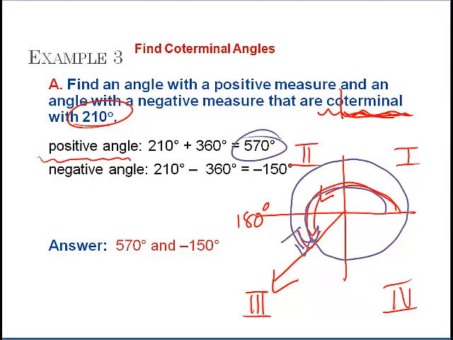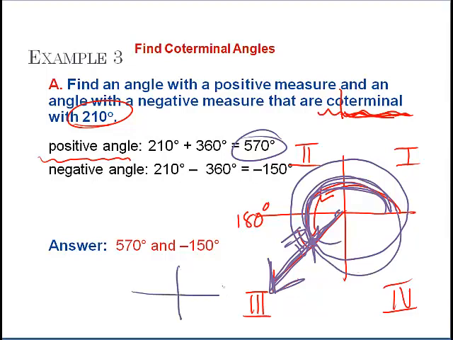Alternatively, to find a negative one, we have that original 210. And if we want a negative coterminal angle, remember, negative just means that we're rotating the other way. So we're going to subtract 360. So the final angle will be negative 150, which if we had started at 0 and rotated 150 degrees in the clockwise direction, it would be identical to the 210.